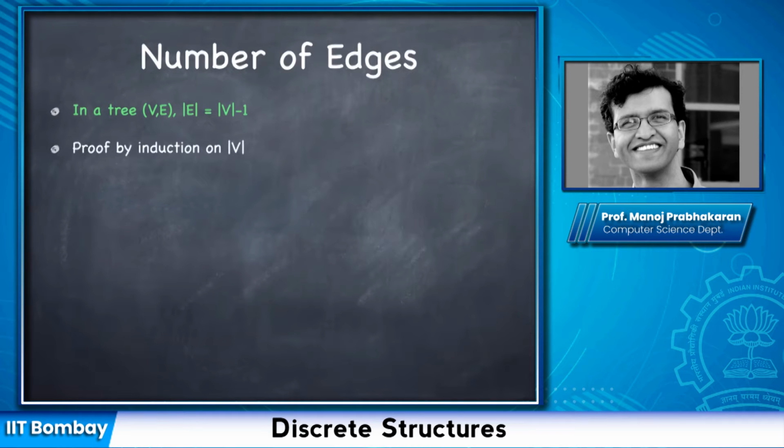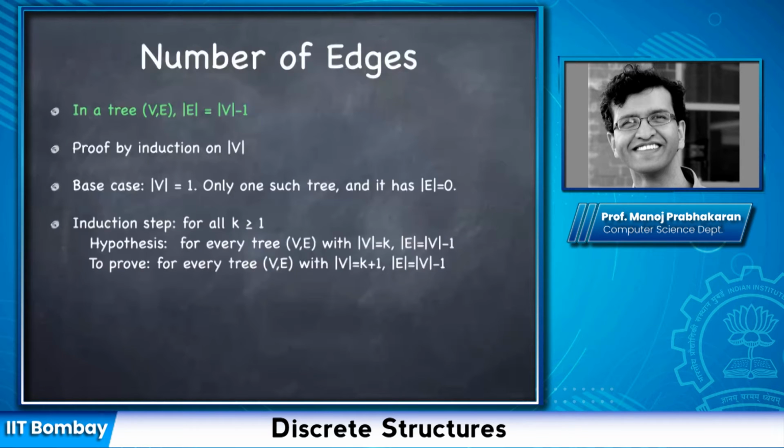and let's prove it by induction on the size of the tree, the number of nodes. Okay, so the base case again, the case of a single node, there is only one such tree, there are no edges in it, so indeed the number of edges is 1 minus 1. For the induction step, again we'll use weak induction.